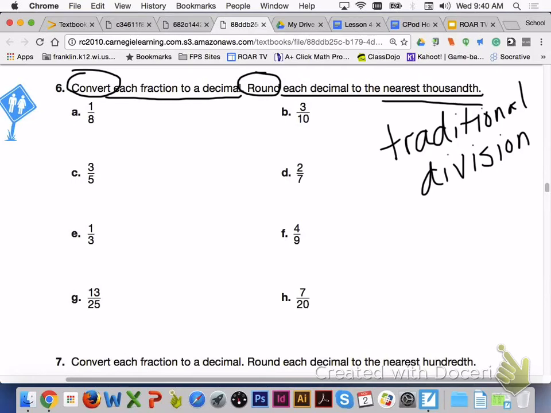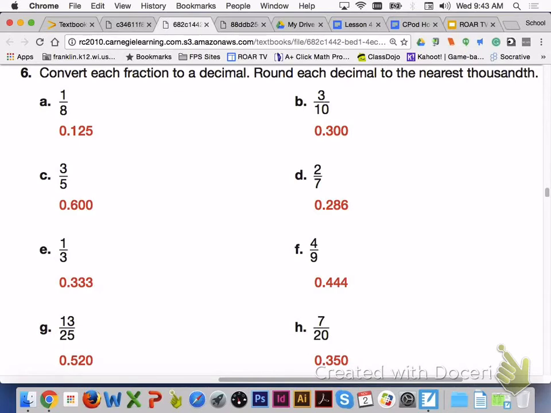Turn to page 256. I would like you to answer number 6, letters B through H with your group members. Remember, when you are showing your work, please make sure that you are using traditional division in order to convert each fraction to a decimal. Number 6, some decimals were terminating, some were repeating.